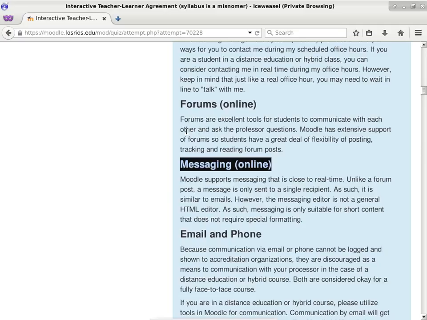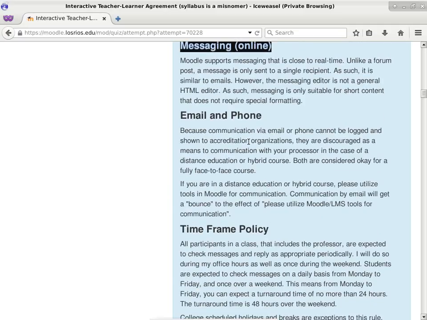But I have to warn you, messaging within Moodle does not allow you to put pictures into the communication. So you can't really take a screenshot or copy and paste text from the text window when you're writing programs. So it's okay, but it's kind of limiting in terms of what you can do as far as communication is concerned. Email and phone, that works fine for this class as well.